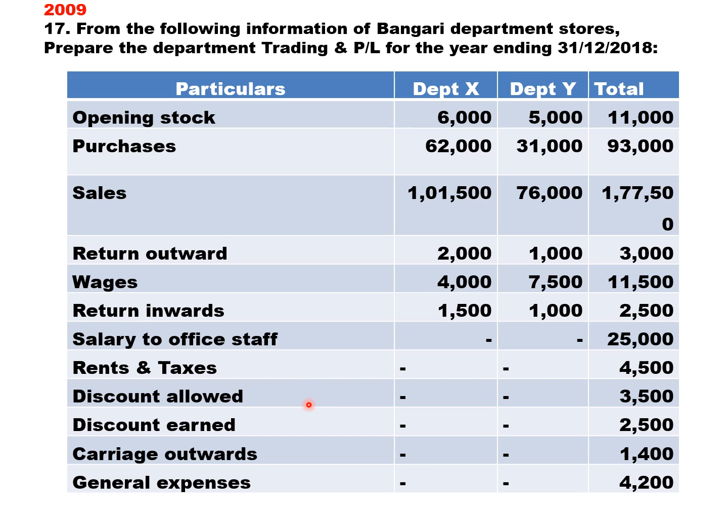Discount allowed to be distributed on the basis of net sales. Discount earned to be distributed on the basis of net purchase. Carriage outward is the selling expenses, therefore to be distributed on the basis of net sales. General expenses, there is no information about it, so distribute in sales ratio.